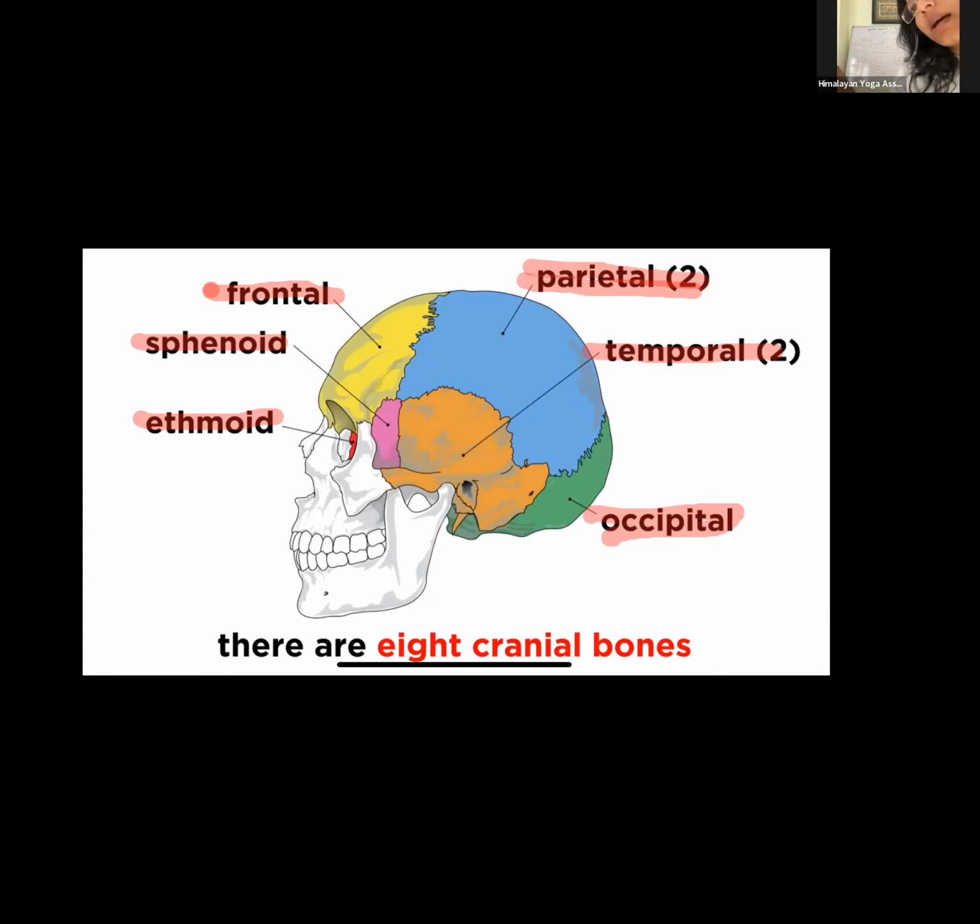They are zigzag-like. You see this? This is called a suture.